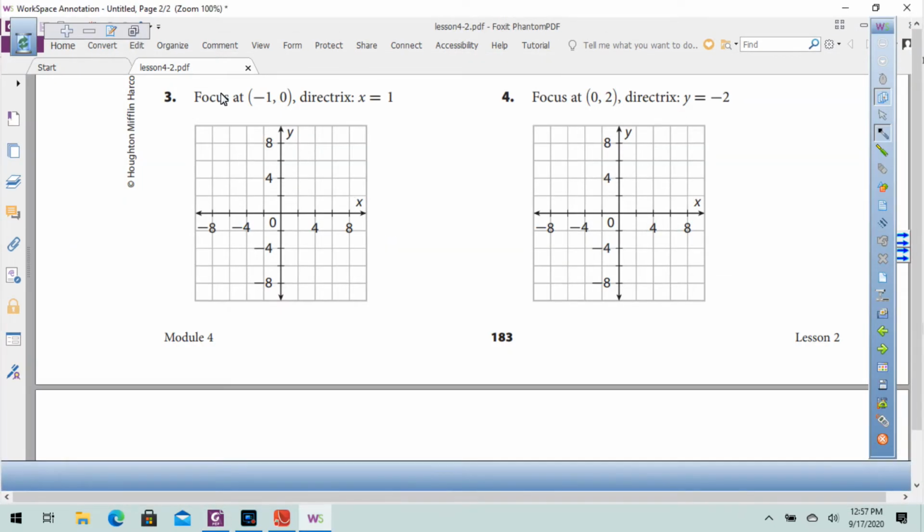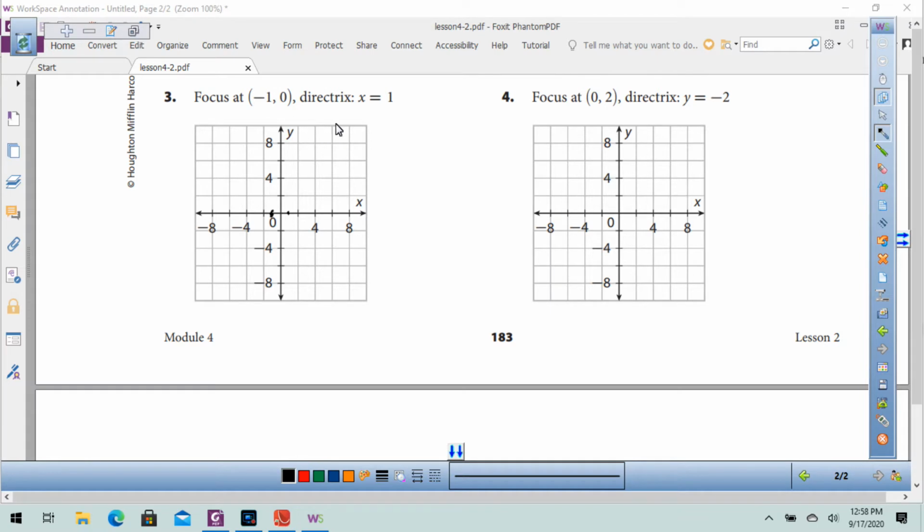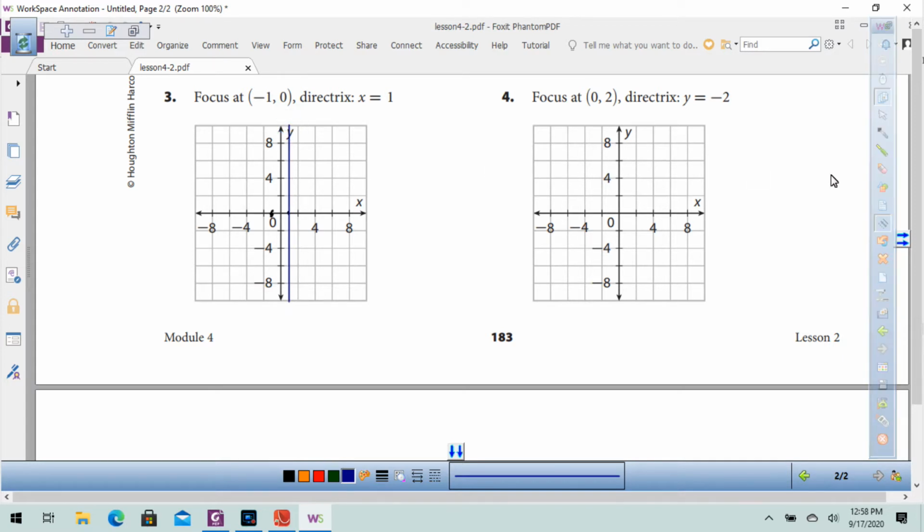Our focus is at -1, 0. That's going to be right there. And our directrix is at x equals 1, so that's about right there. Let's draw that. Okay. And we're going to notice that our parabola opens to the left this time.